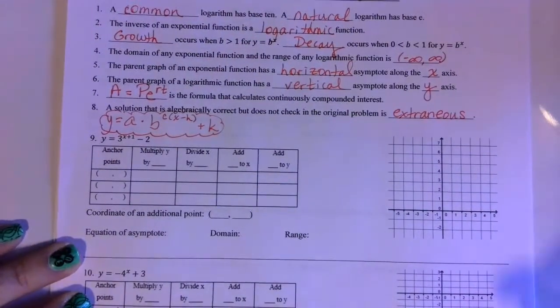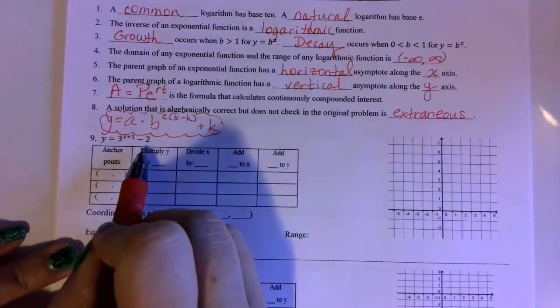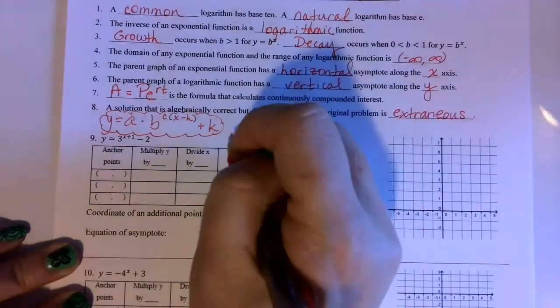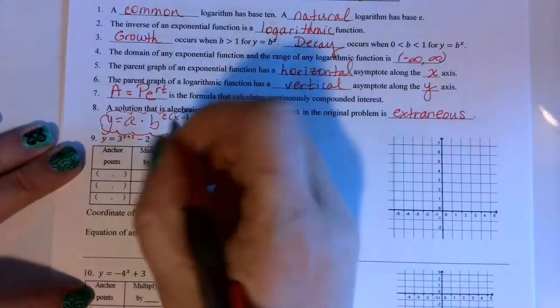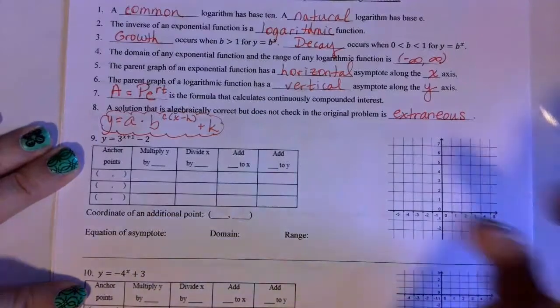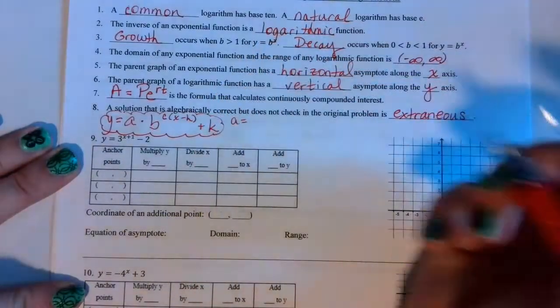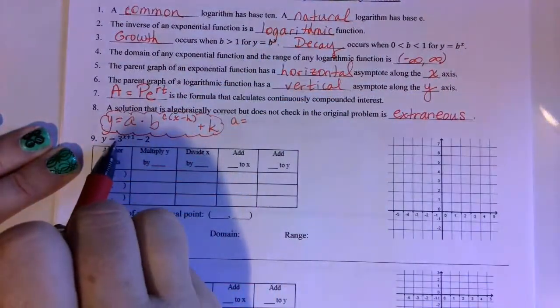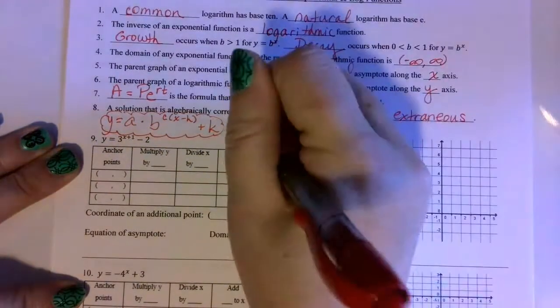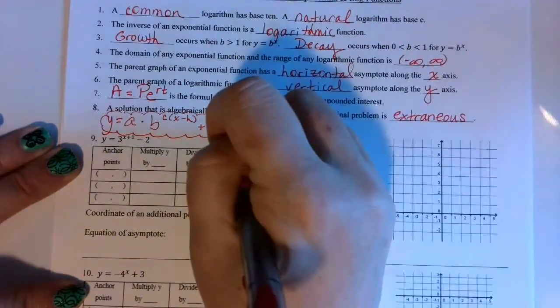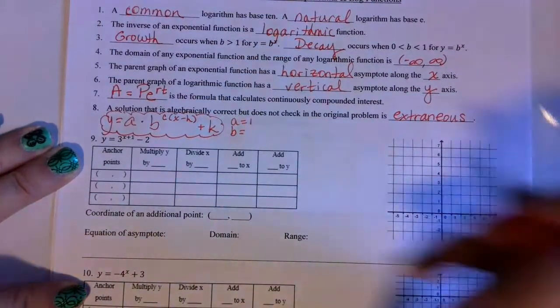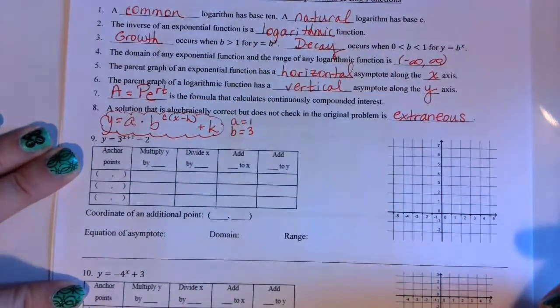So we're going to use the equation that we're given to identify a, b, c, h, and k. So the a is the constant being multiplied times the base, and that's a 1 in this example. The b is the base of the exponential, and that's a 3.